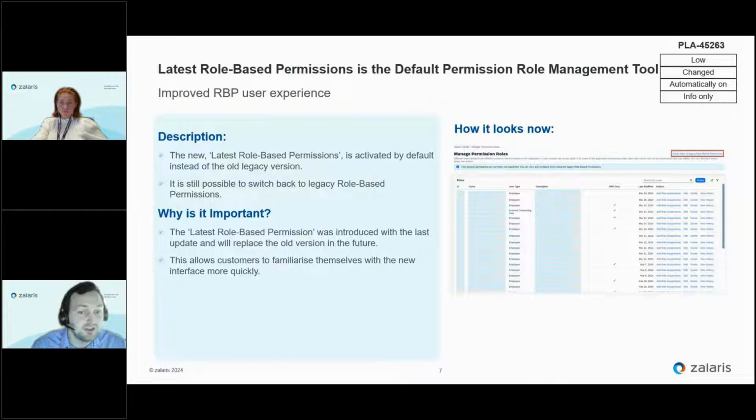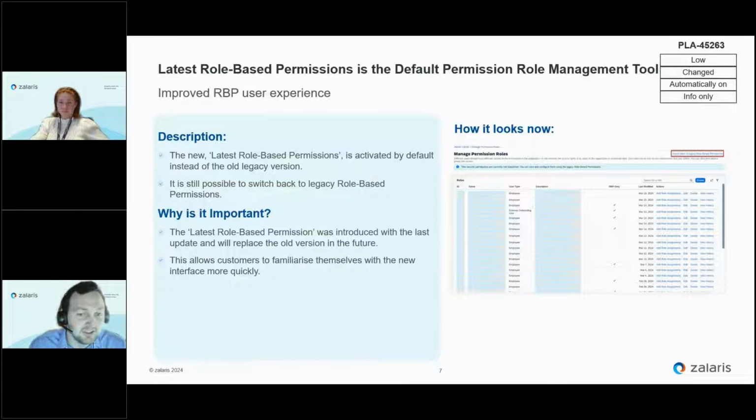There's also a better history view now available for the latest role-based permission tool. And you have a functionality to print the permissions, as well as the history and the current permission. I think this is really nice if you have, for example, an audit and you need to know the changes in the system for your permissions, to see what really changed and what is necessary to hand over.